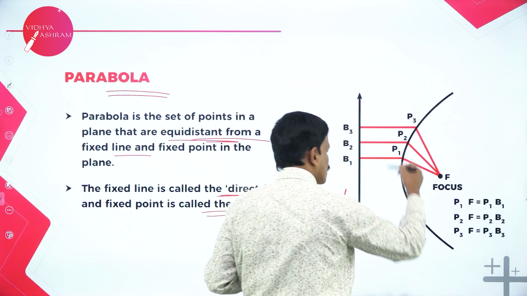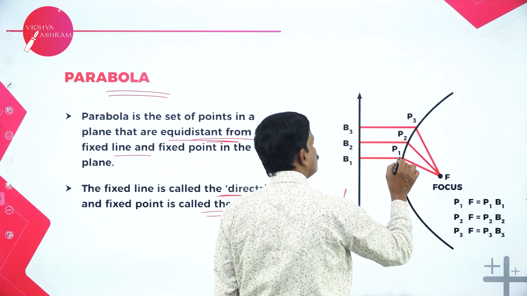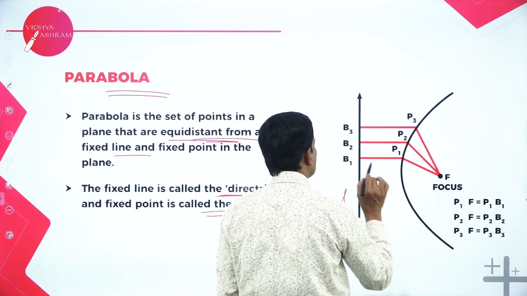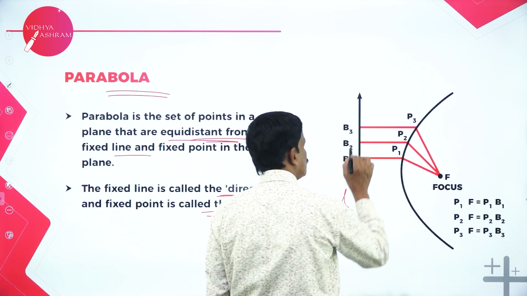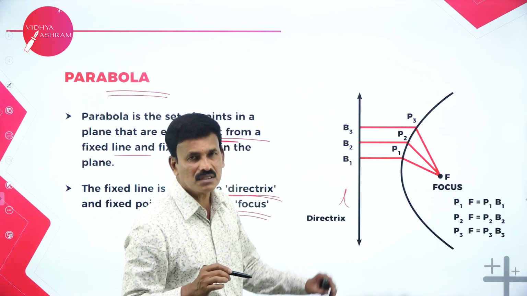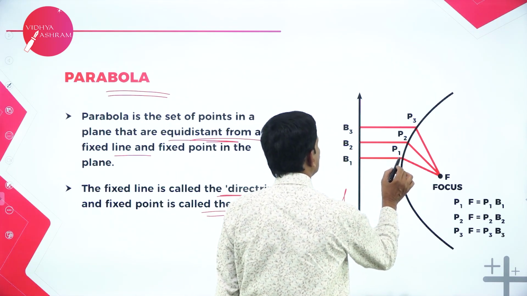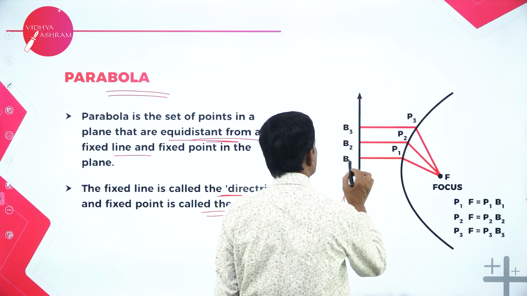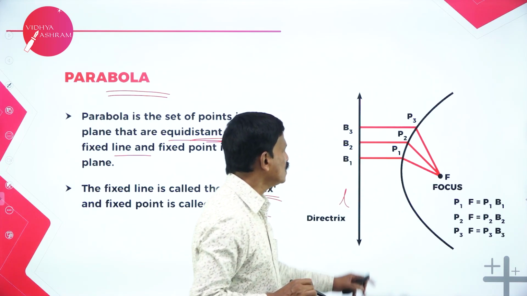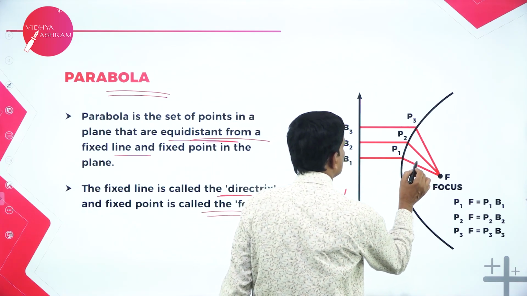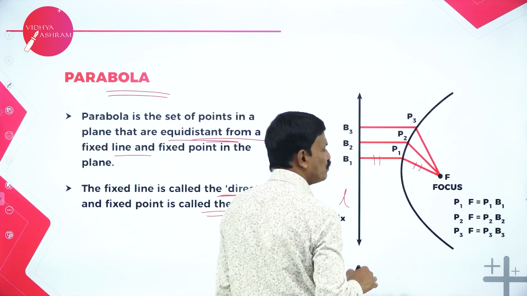Draw a curve. On the curve, P1, P2, P3 are any 3 points, whereas B1, B2, B3 are any 3 points on the fixed line. Now the distance from P1 to F is equal to P1 to B1.